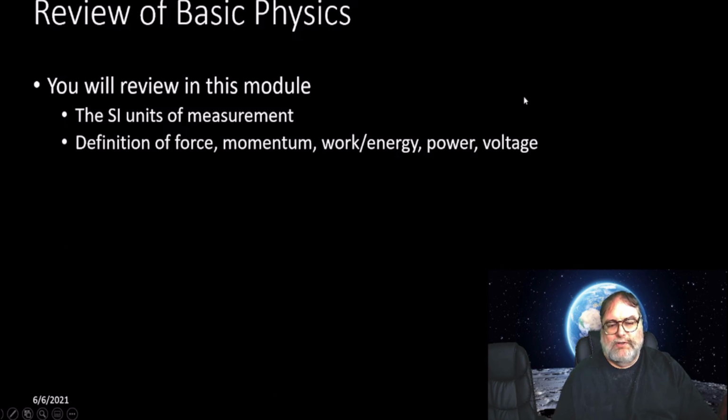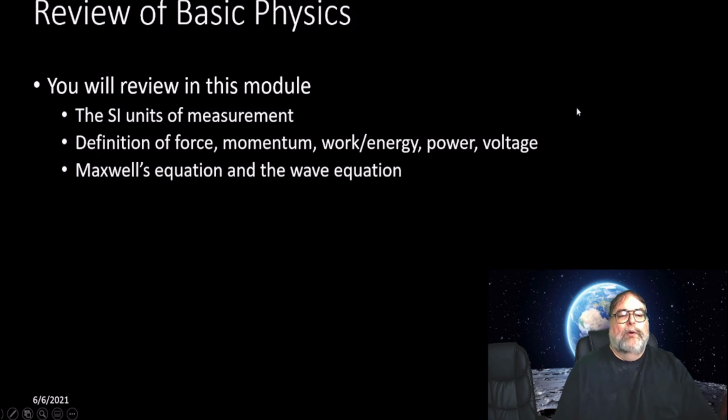And then definition of derived units that come from SI units like force, momentum, work, energy, power, voltage, etc. We will talk a little bit about Maxwell's equations, which are the equations of electromagnetics. And in particular, we'll show how they lead to a wave equation and come up with a value for the speed of light.